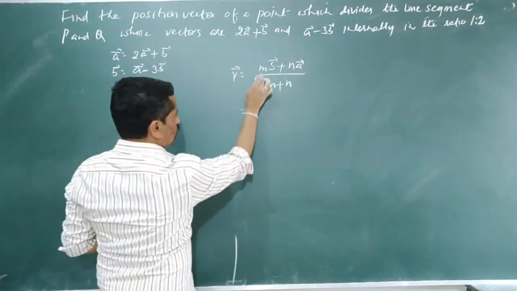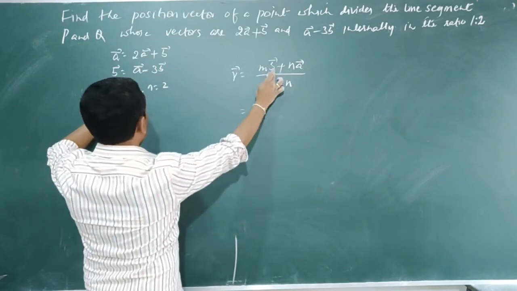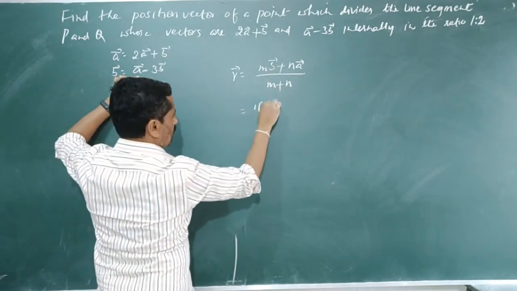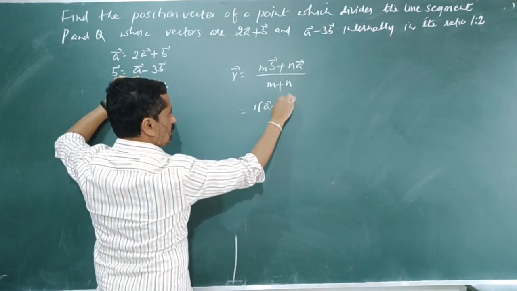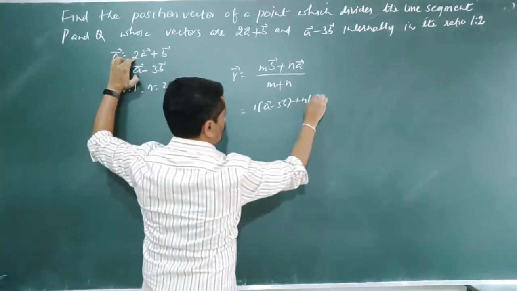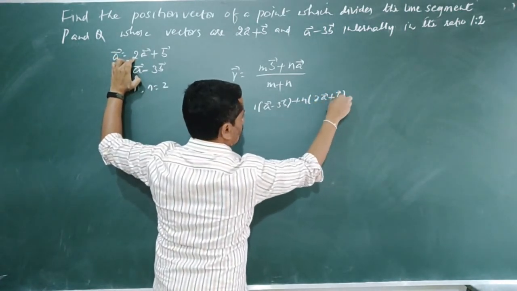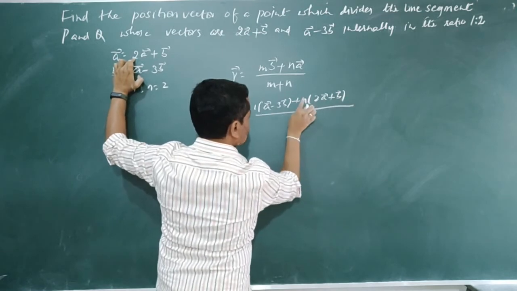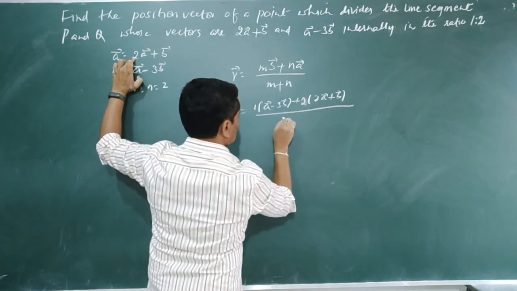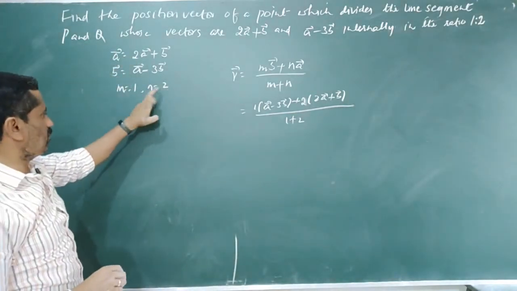Here that is equal to, we have the value of m, that is 1 of B bar. What is B bar? That is A bar minus 3B bar, plus n of A bar, that is 2A bar plus B bar, all divided by, what is the value of n? That is 2. So that is 1 plus 2, m plus n.